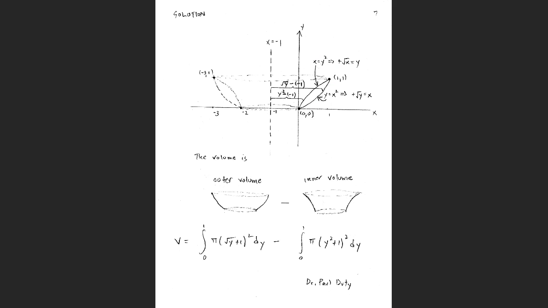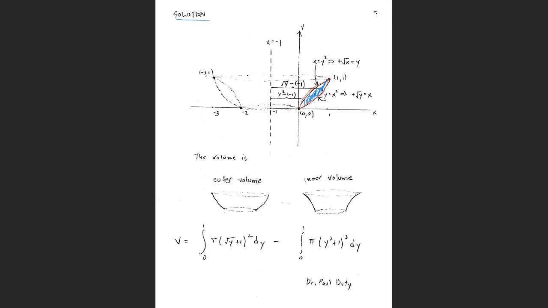Oh my goodness, we have an example here. We have a solution. We have a figure to copy. I'm going to give you a moment to do that. But this is our region here, bounded below by the parabola y equals x squared, and then bounded above by the parabola x equals y squared.